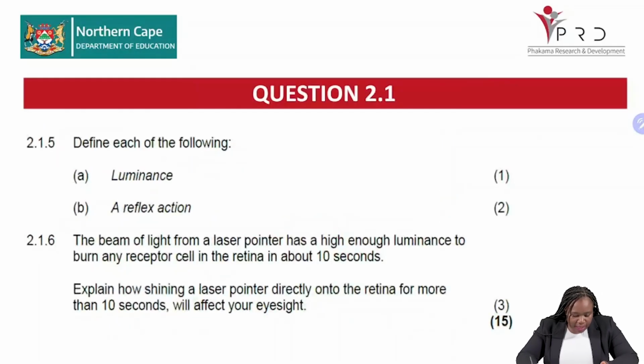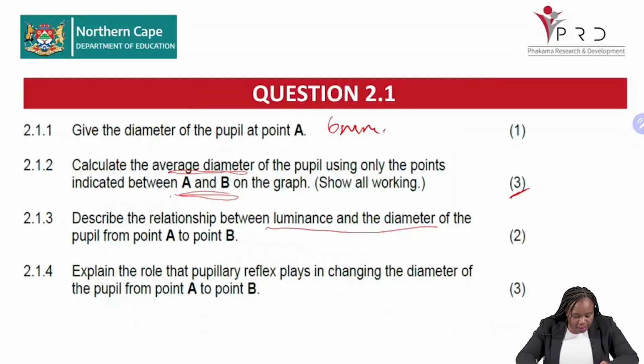Right, and then our next question, which is 2.1.4, says, explain the role that pupillary reflex plays in changing the diameter of the pupil from point A to point B, which is what I was just saying now. So, what role does pupillary reflex play in the changing of the diameter?